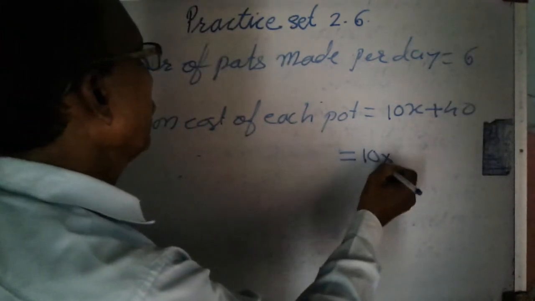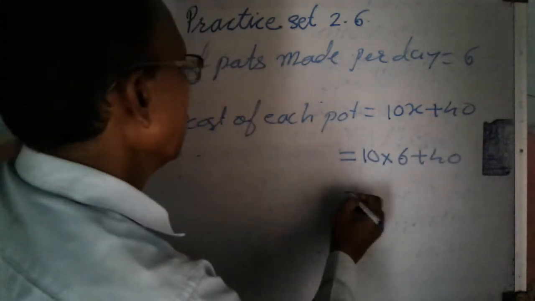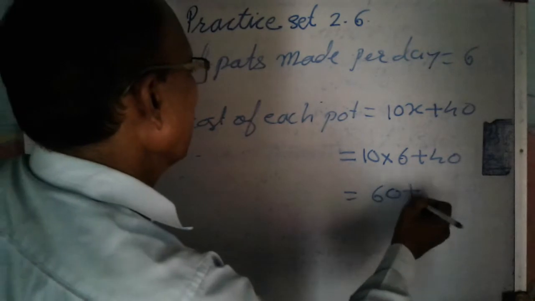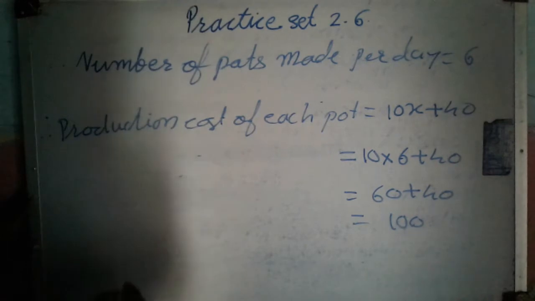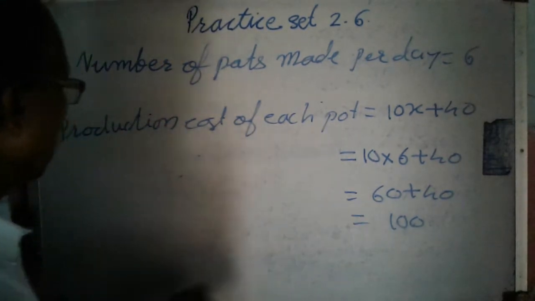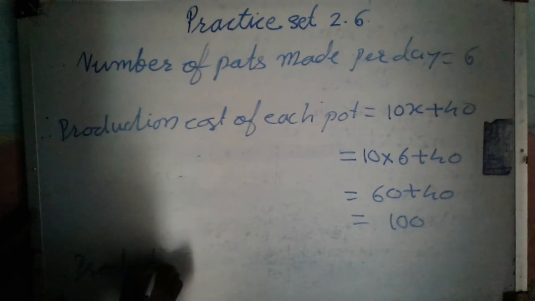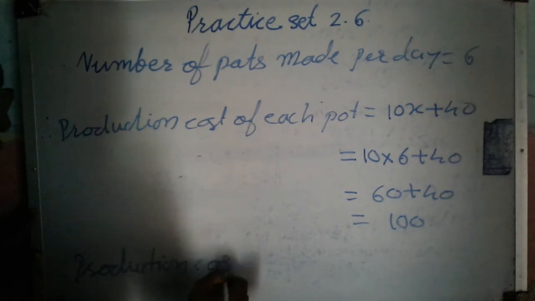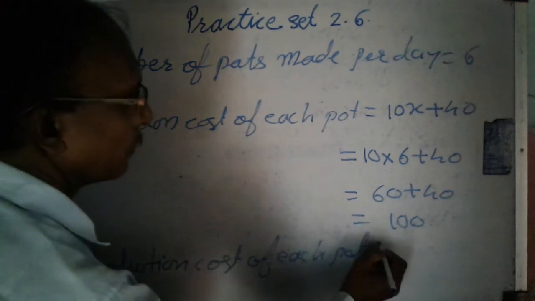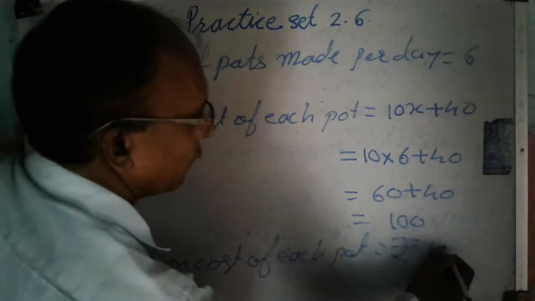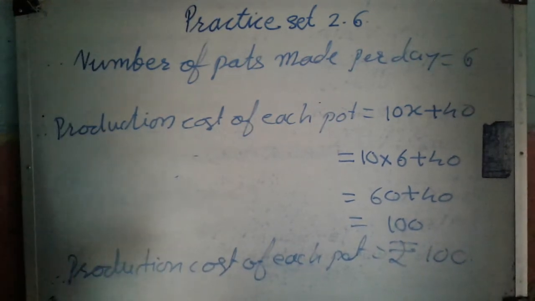That is equal to 10 into, putting the value of x is equal to 6, plus 40. That is equal to 60 plus 40, that is equal to 100. And therefore, the production cost of each pot is equal to rupees 100. Rupees 100. These are our two answers.